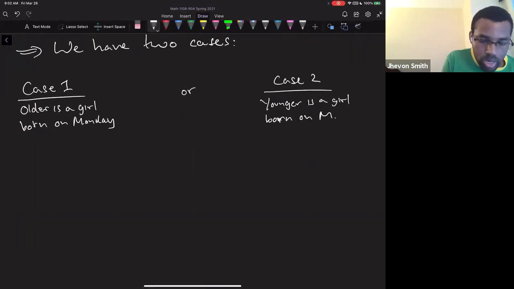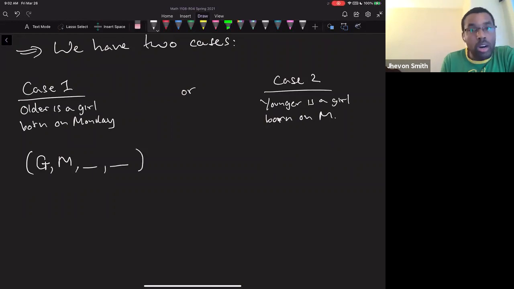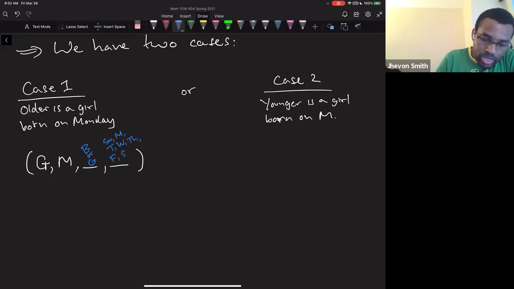So what would the coordinates look like here? The older is a girl born on Monday, which means I know that the first position is a G and the second position is an M for Monday. The thing is, I don't know what the third and the fourth positions are. The third position could be a boy or a girl, and the fourth position could be Sunday, Monday, Tuesday, Wednesday, Thursday, Friday, or Saturday. There could be 7 options there.